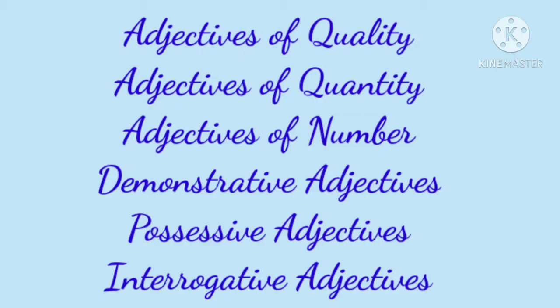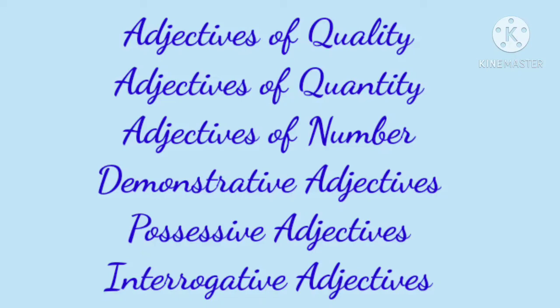Next and the last kind is interrogative adjectives. Interrogative adjectives are used with nouns to ask questions. Always remember that they are used just before nouns to ask questions.